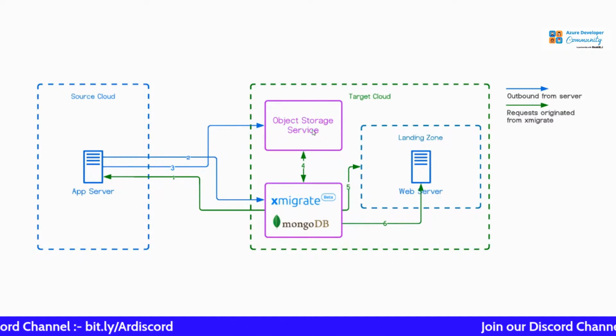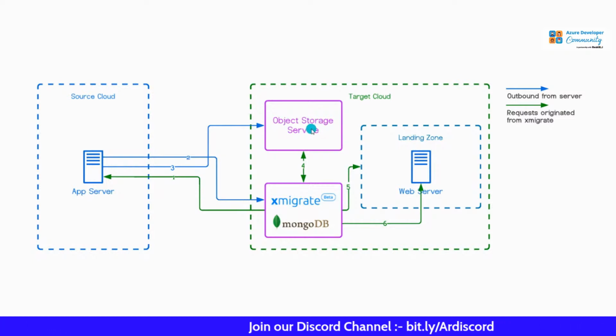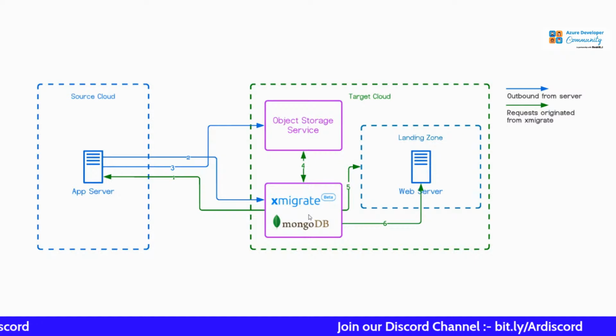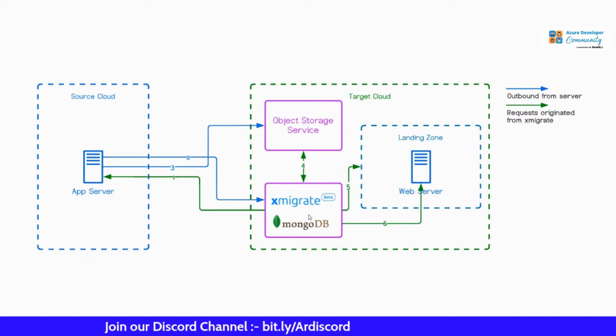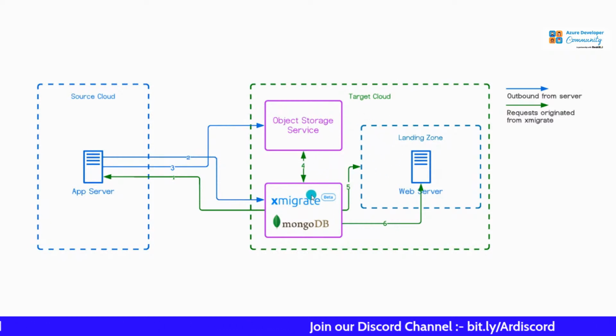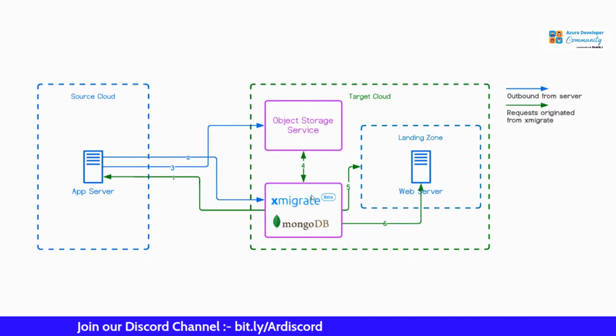Once it has reached the object storage, we download it to CrossMigrate to convert the image to VHD format, to pass to the OS disk image creation service in Azure. Azure only accepts disk images in VHD format. That is a requirement from the Azure side, so we need to convert that.